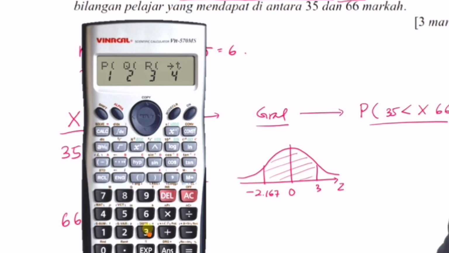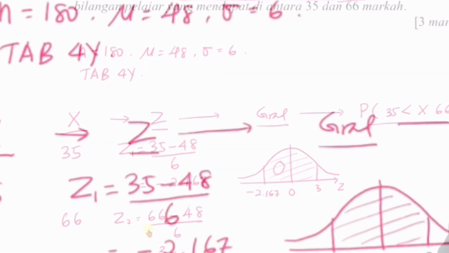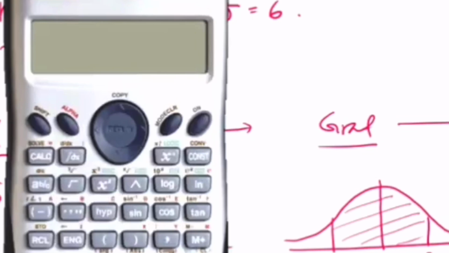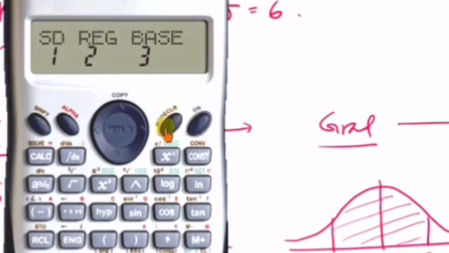Do I need to repeat? Okay, I repeat again, now listen. On your calculator, press on now. You see 0. Now you press mode 2 times until you see SD 1.